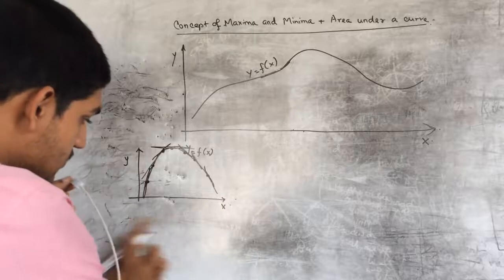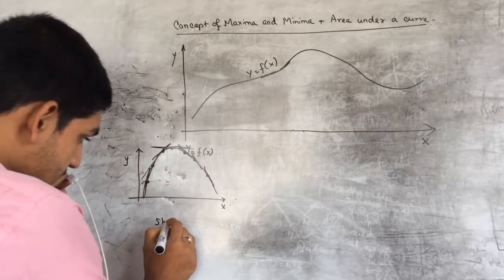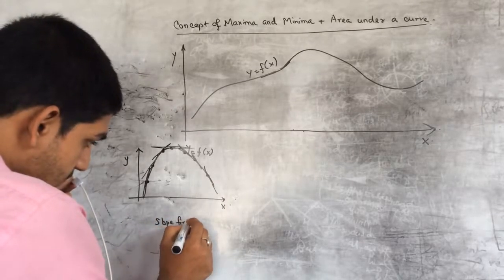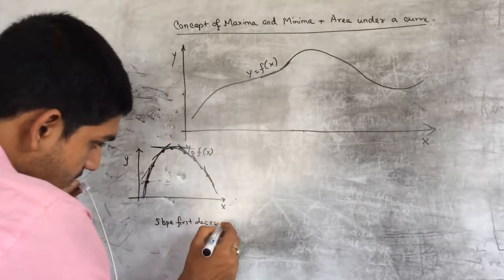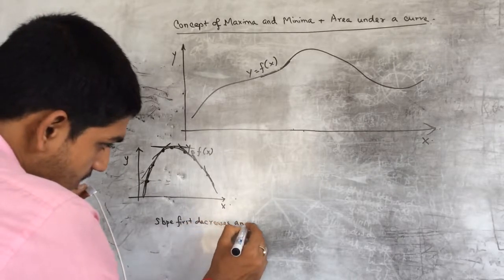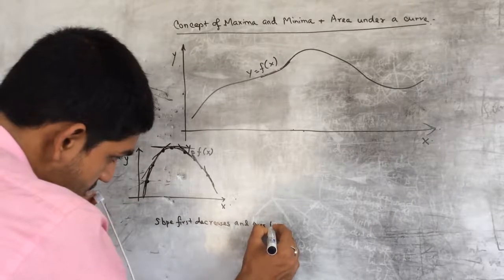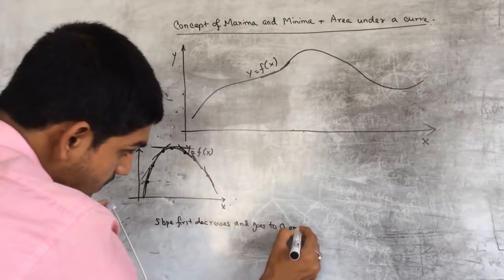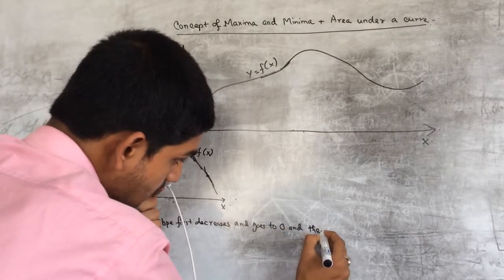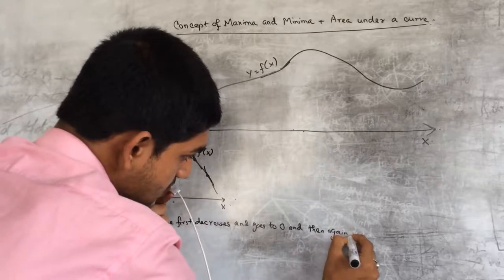So we see the slope first decreases, and goes to 0, and then again increases.